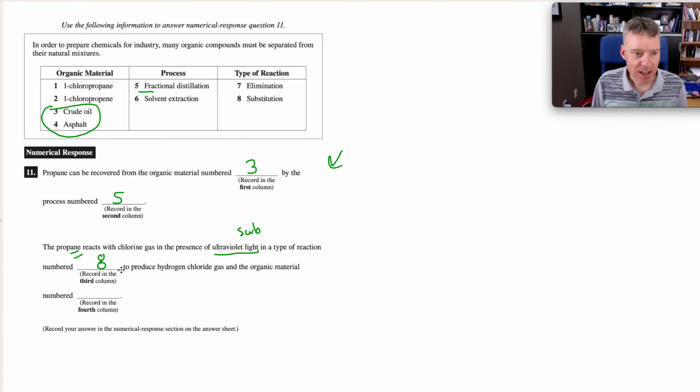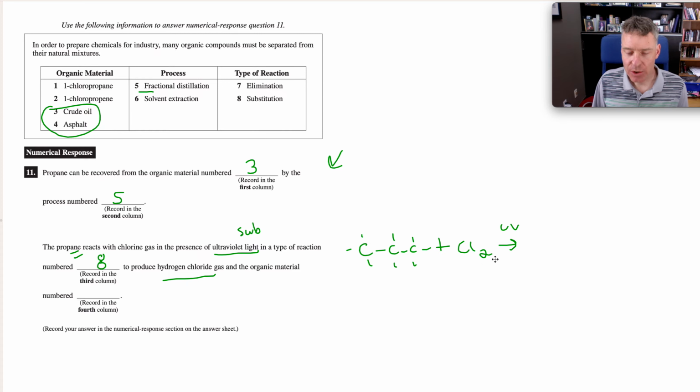So we're back to sort of some earlier numbers. Propane reacts with chlorine, okay, we got the reaction to produce hydrogen chloride and what? So we've got propane. I'm not going to put in the H's, just to speed this up. We're reacting with chlorine, UV light, and then what are we going to get?